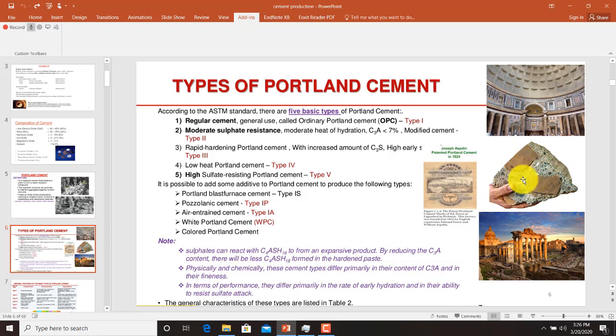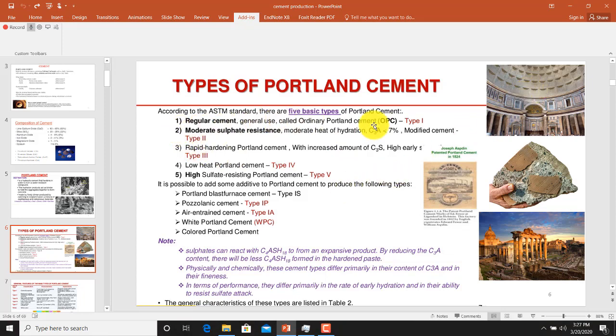They use volcanic ash and some pozzolanic material. They use lime and volcanic ash as binders, so that they can achieve the very lightweightness of that concrete. So these are the Roman concrete structures which I have described.